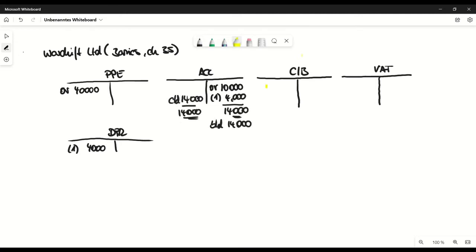When the company sells a car, they must record a receipt of cash, which is a debit entry in the cash bank account. They have to credit value-added tax as well. Next, they have to give away the car, which means they have to credit the property, plant and equipment account and have to make a debit entry in the accumulated depreciation account.